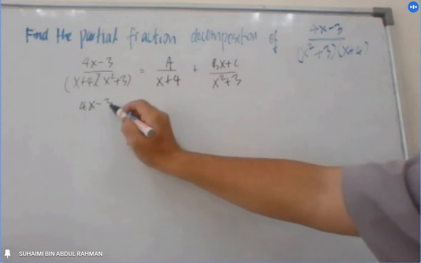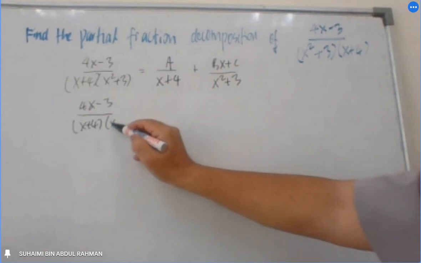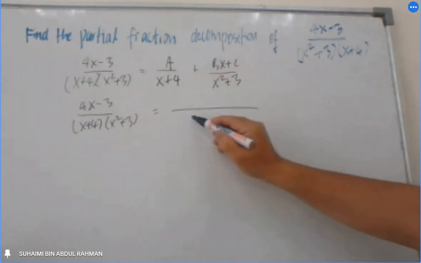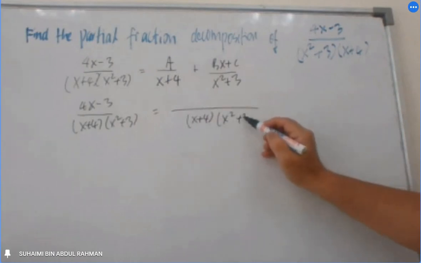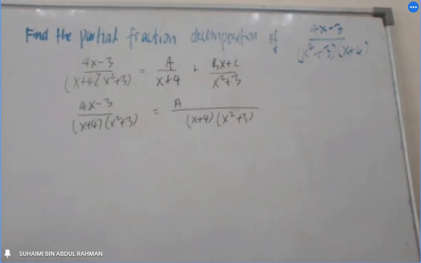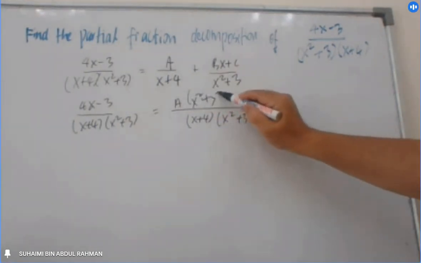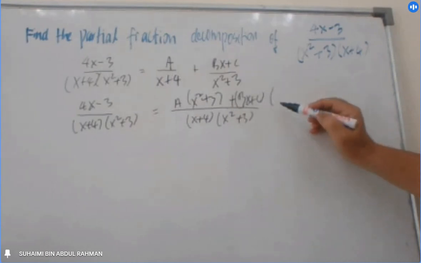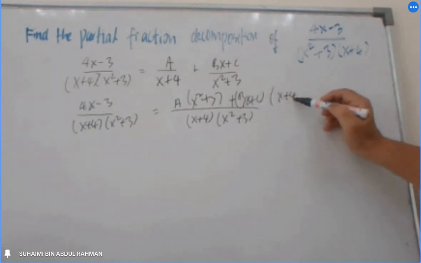For (x - 3) over (x + 4)(x² + 3), you want to make the same denominator. A must be multiplied by (x² + 3), and Bx + C must be multiplied by (x + 4).